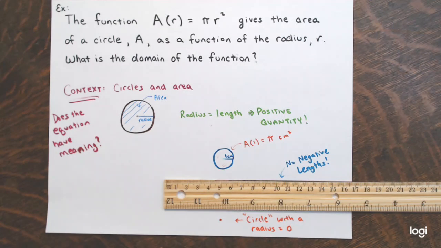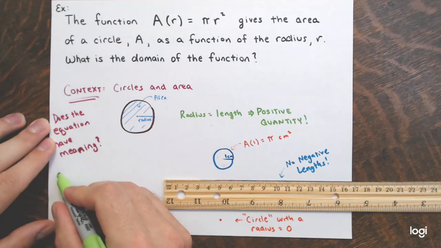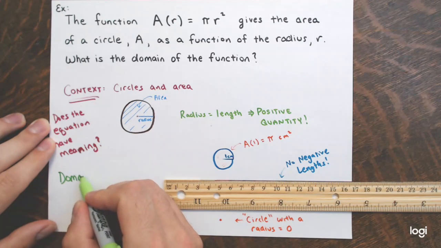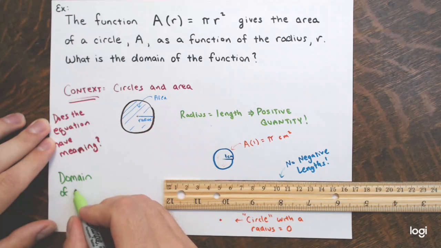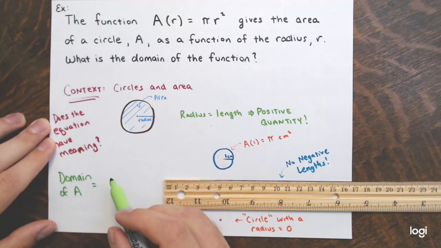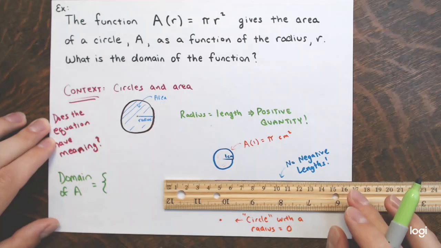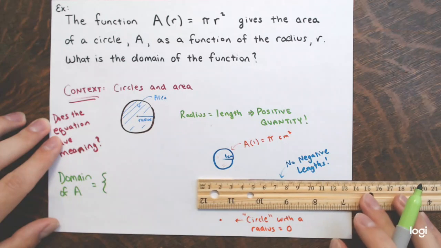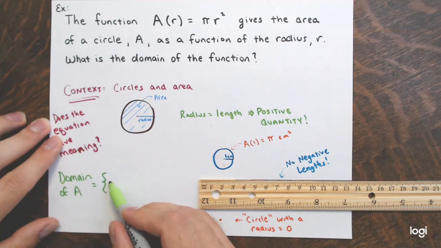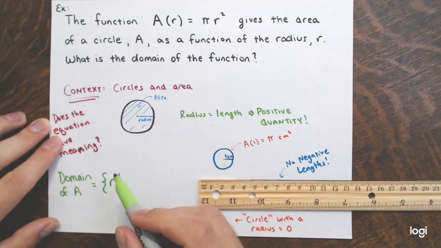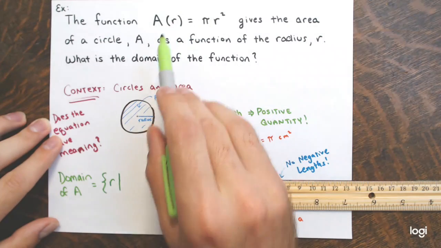Okay. So now that I've said all that, we can finally state the domain. So the domain of this area function, this A here, and like I said before, I'm going to do it both ways, starting with set builder notation. I can use any r I wish. Again, the independent variable this time is r. My input is r.